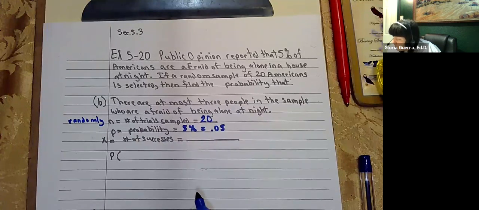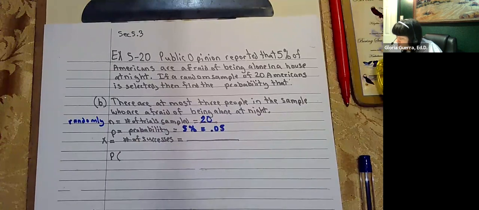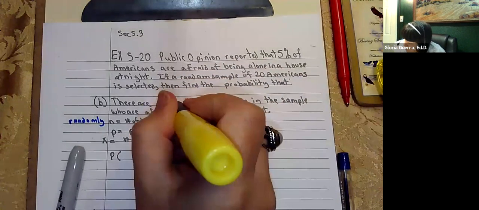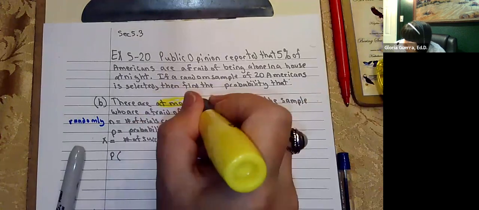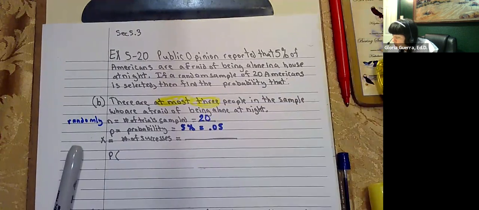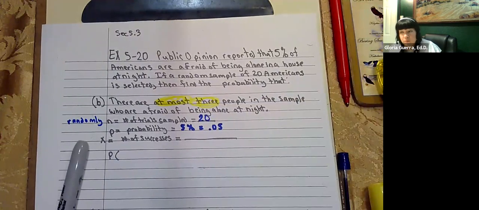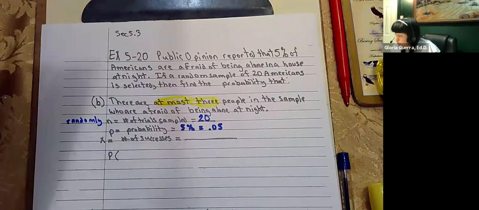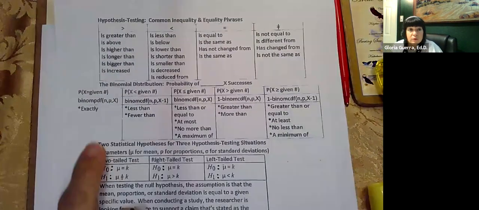Then find the probability that there are at most 3. So here's your vocabulary. I'm going to put that in yellow. At most 3 people in the sample who are afraid of being alone at night. Okay, so when I look that up on my sheet there, at most, let's see.